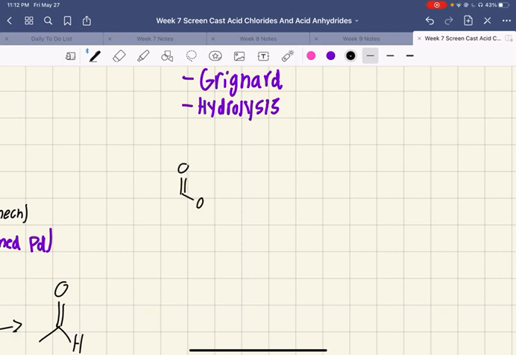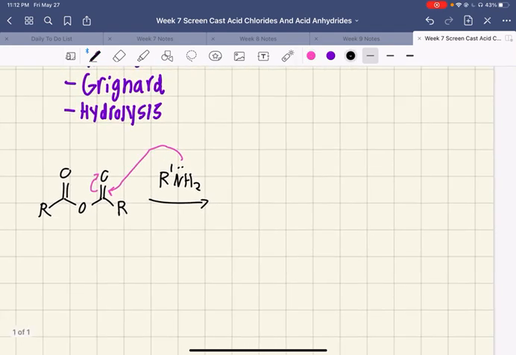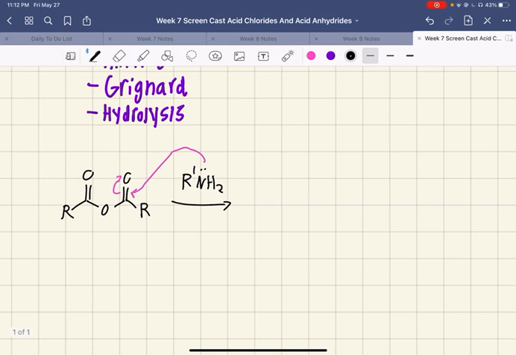If we take this acid anhydride in the presence of a secondary amine, the lone pairs on the nitrogen will attack the carbonyl center and cause this oxygen to be negatively charged, right? And that'll couple this to that.